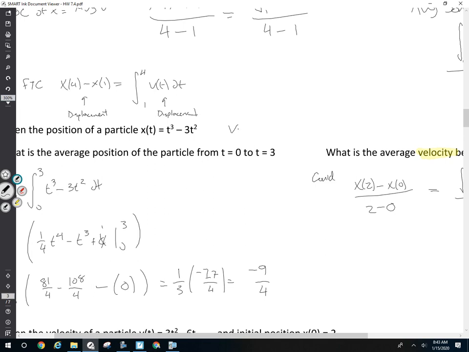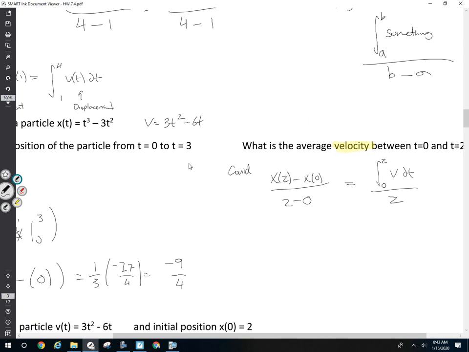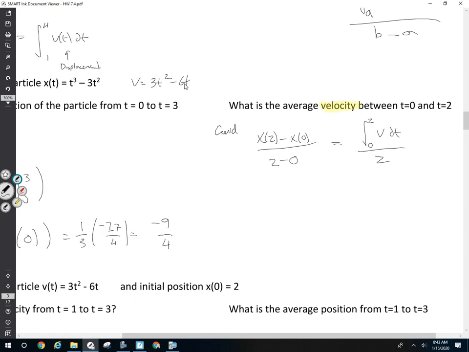If this is position, velocity is 3t squared minus 6t. I'm going to go ahead and show you the two ways to get the same answer. So x of 2 is 8 minus 12, which is negative 4. x of 0 is 0. So I get an answer of negative 2.